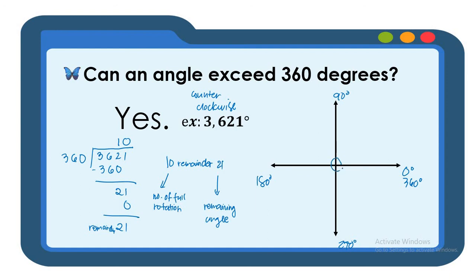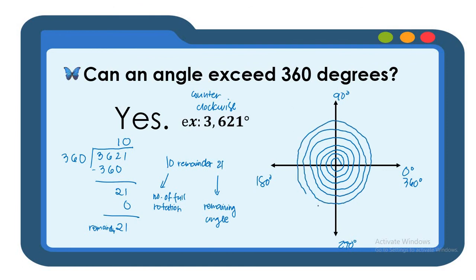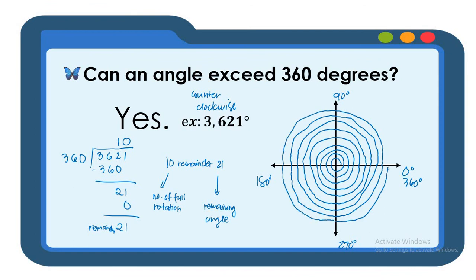So 1, 2, 3, 4, 5, 6, 7, 8, 9, and the last one, 10. I need to go back to the positive x-axis. Okay, so we just had 10 full rotations, equivalent to 3,600 degrees.